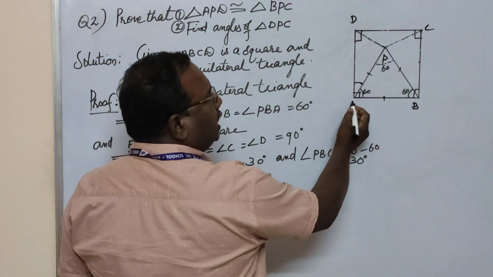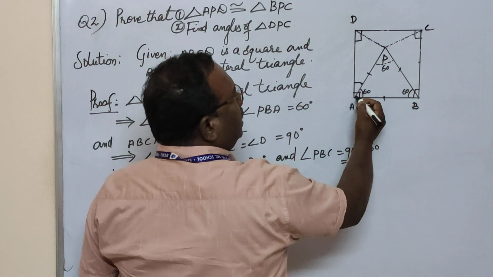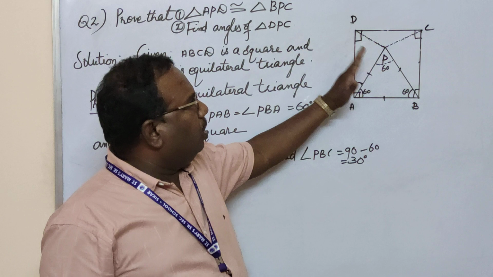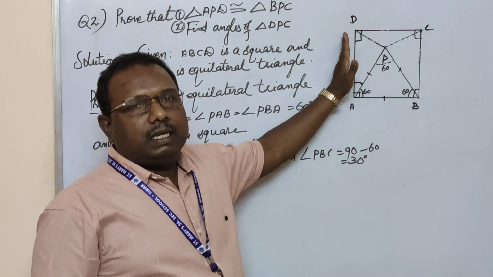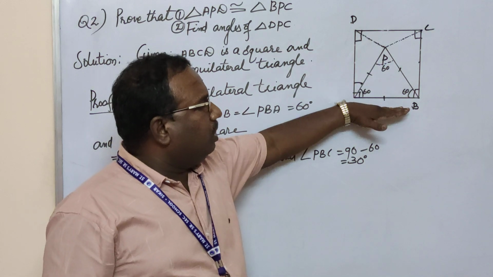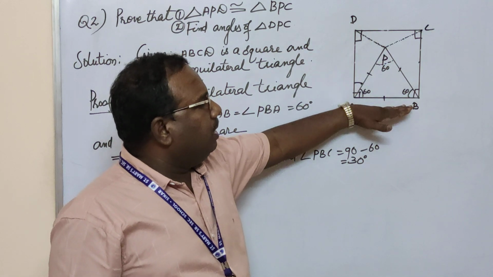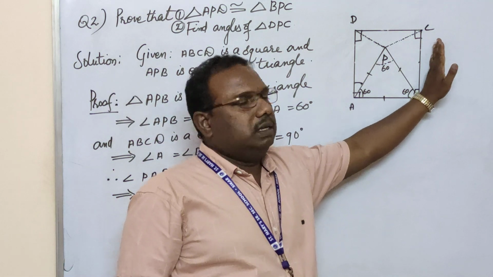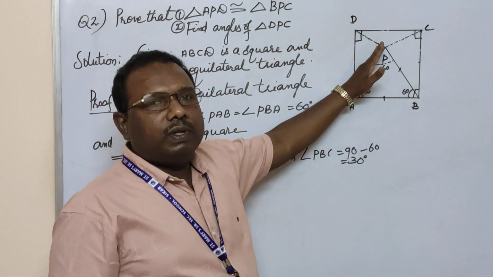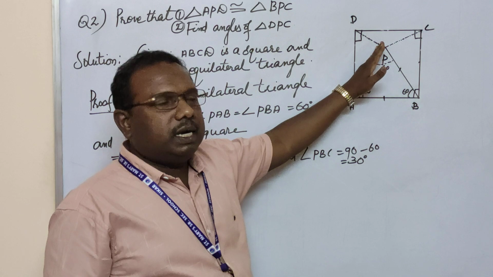PB. Therefore, we can say AD and AP are also equal because AB equal to AD, sides of the same square ABCD. AB equal to AD, AB equal to BC, AB equal to AP, sides of the same equilateral triangle.